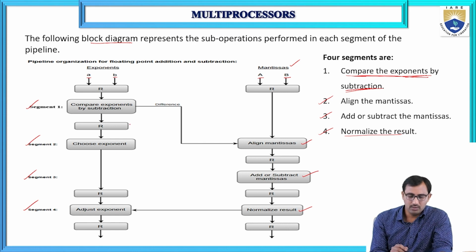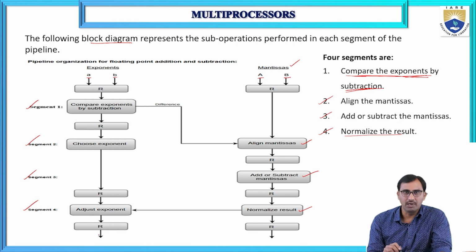If the exponents are the same, we choose the larger exponent as the exponent of the result, then adjust the exponent, and finally the operation is performed.